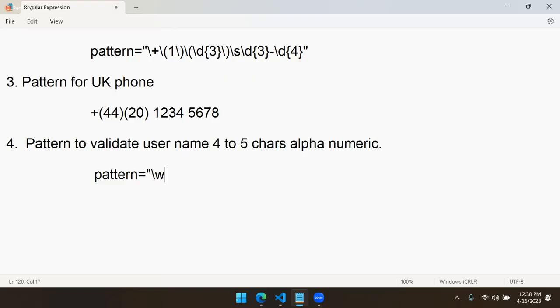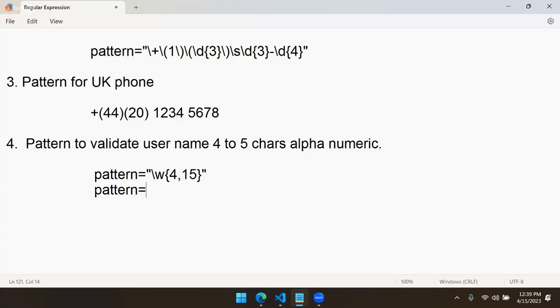But in \w, underscore will also come. If you are allowing underscore, it's okay. This indicates lowercase alphabet, uppercase alphabet, numbers, but underscore is also allowed. You can simply put 4, 15. This is very simple actually: 4 to 15 alphabets, numbers, and underscore.